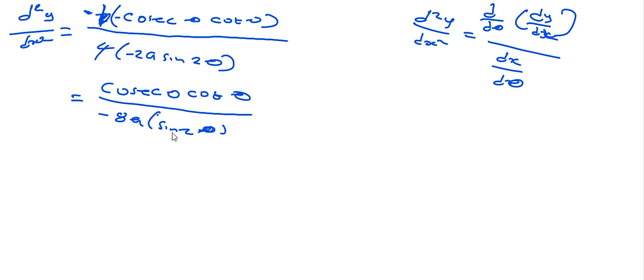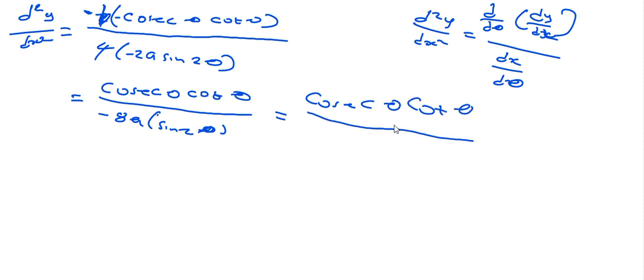So we're going to express it, and then we're going to be left with cosec theta cot theta, divided by negative 8a sine theta cos theta. Remember, we can write cot theta as cos theta over sine theta.